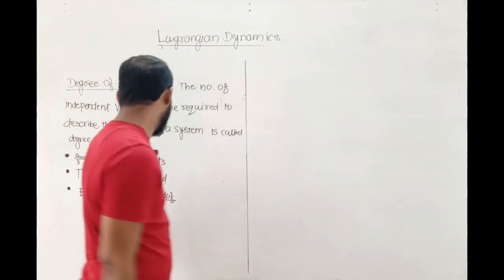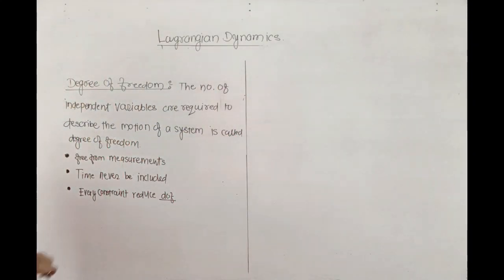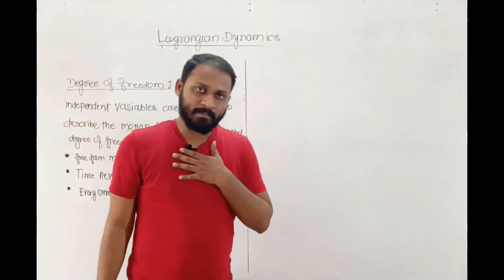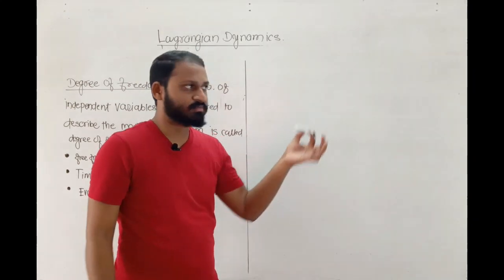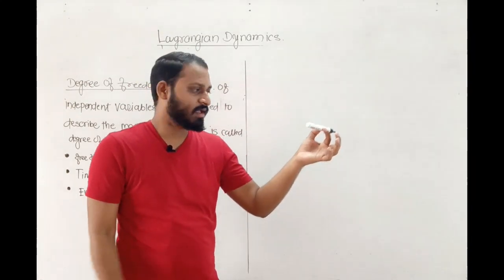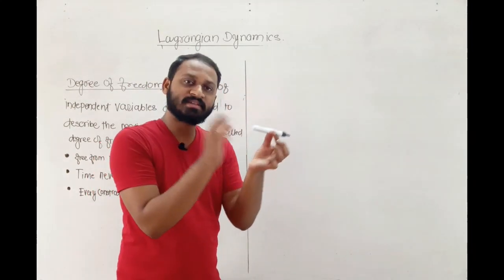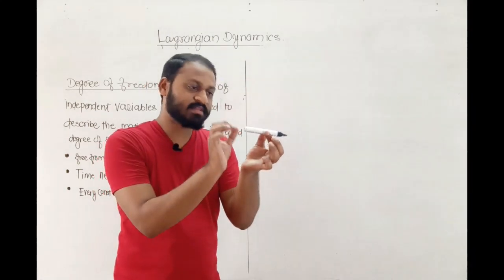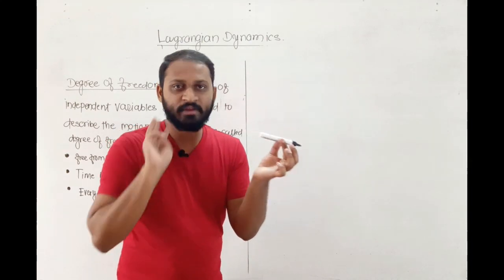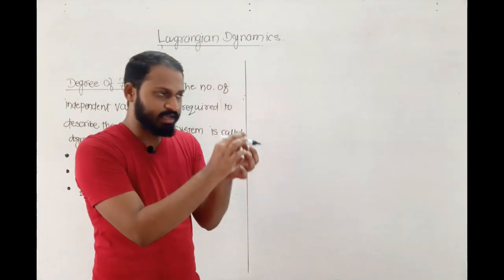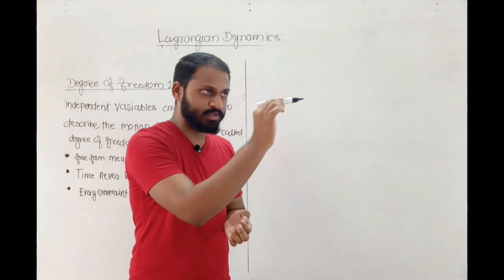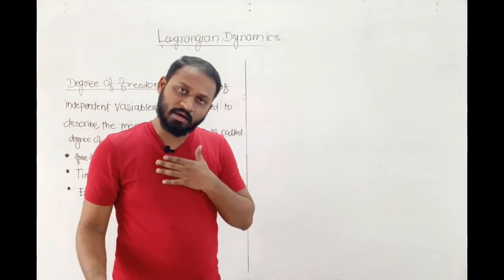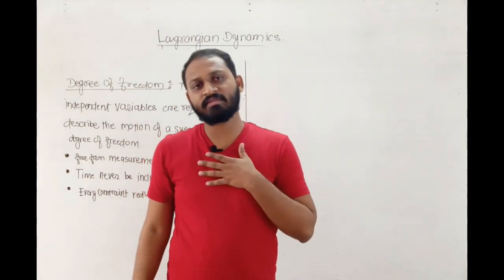Now see, this plane is moving in 3 dimensions. This plane also requires 3 coordinates x, y and z. That is, the plane has 3 degrees of freedom because 3 variables are required to describe it, and for me also I require 3 variables x, y and z.